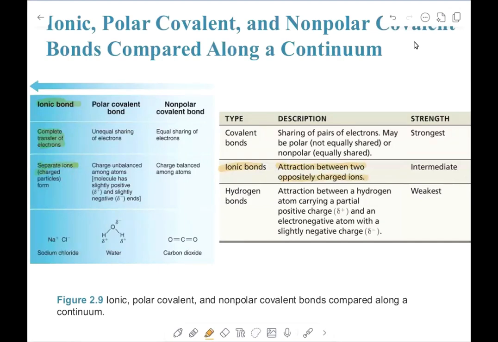So it has separate ions which are going to form if they were to separate, but when they're together, it's an ionic bond.